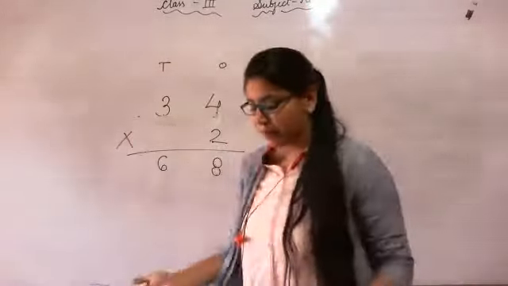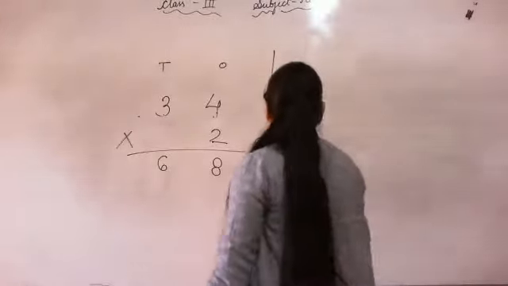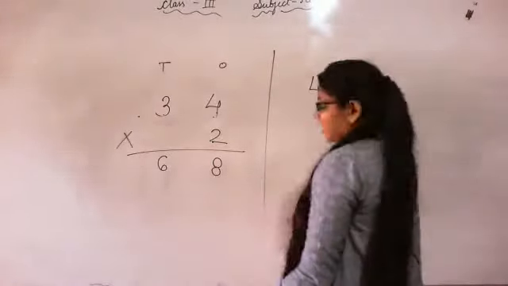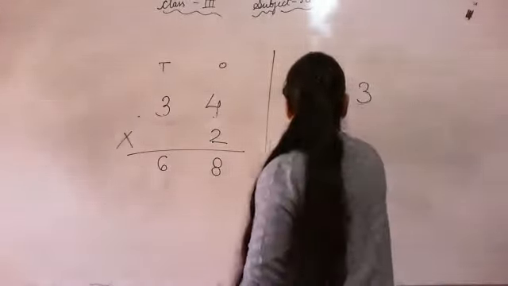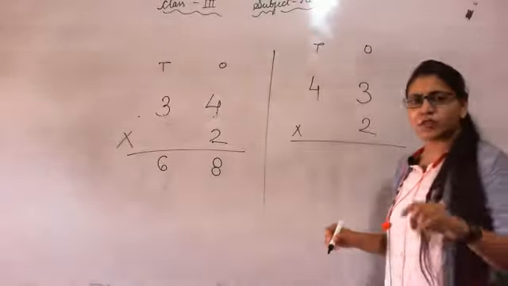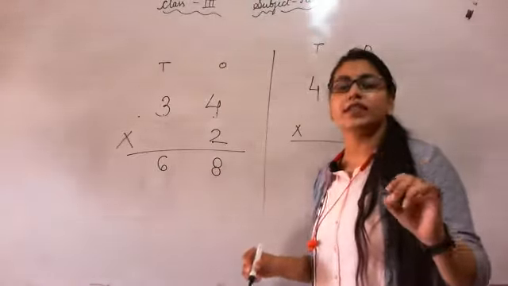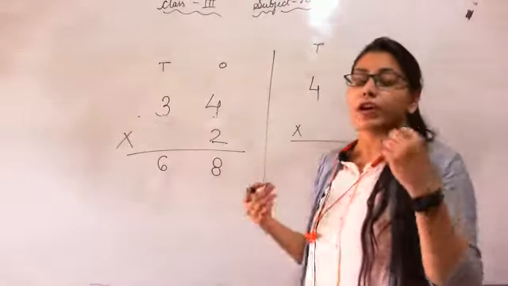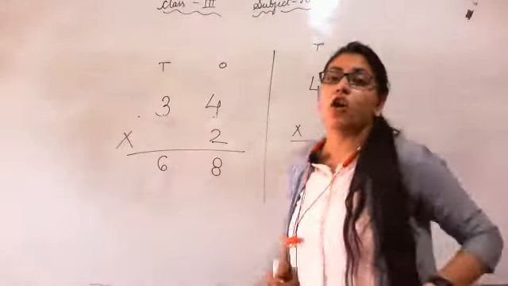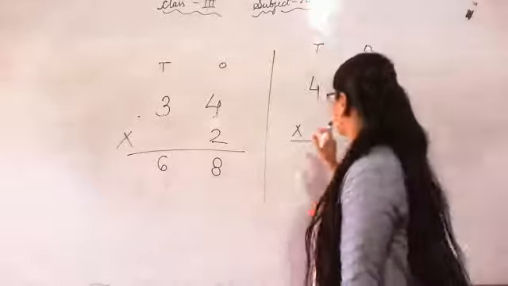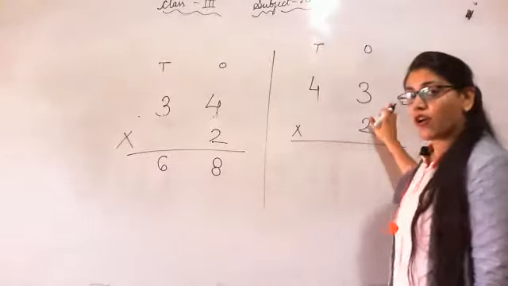Let's take one more example. 43 into 2. Again this is ones place and this is tens place. As we always start from where? We always start from ones place. Whatever the operation is, whether it is addition, subtraction or multiplication, we always start from ones place.